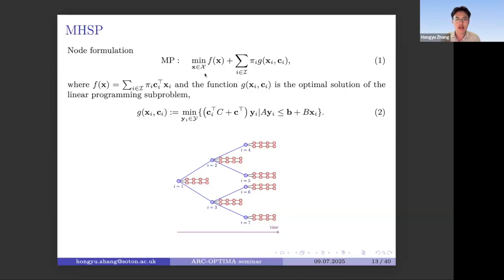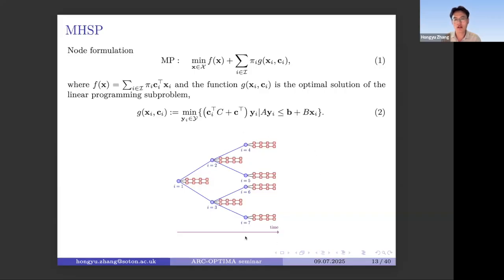And calligraphic X is the feasible region for x, and then you have different subproblems g of x_i, c_i, which are basically the blocks of red squares. g of x_i, c_i takes in two vectors of parameters, x_i, which is the right hand side vector, and c_i, which is the cost coefficient.